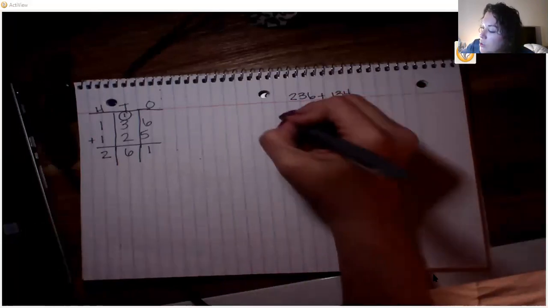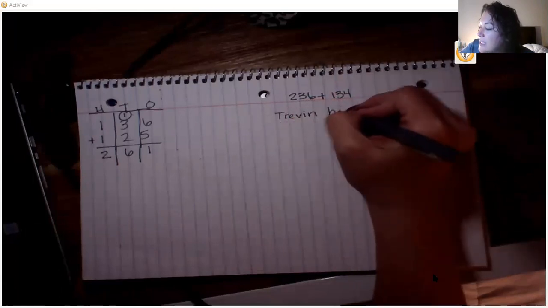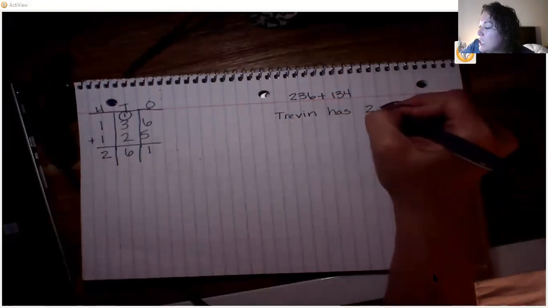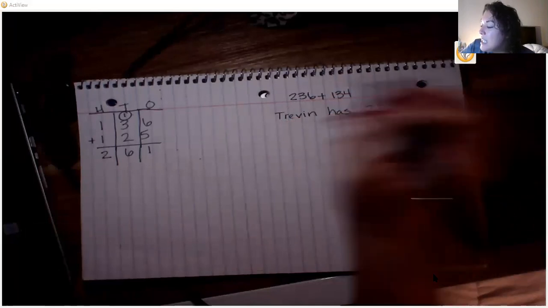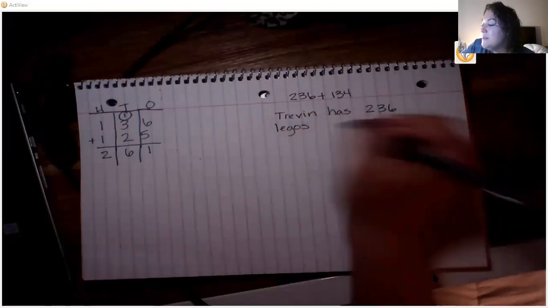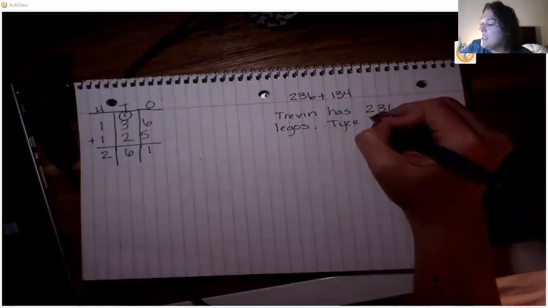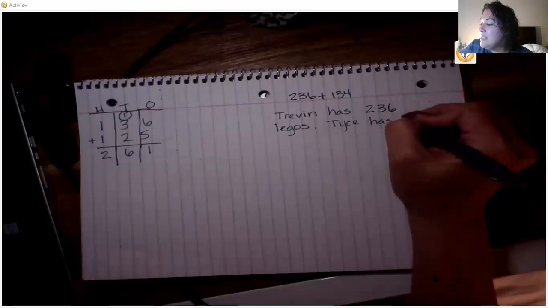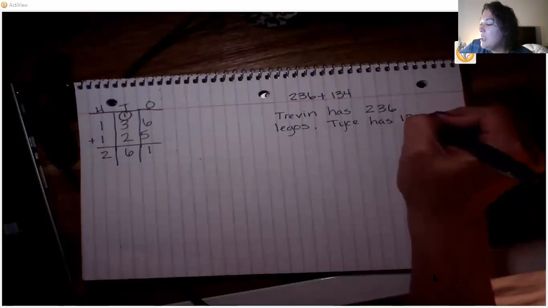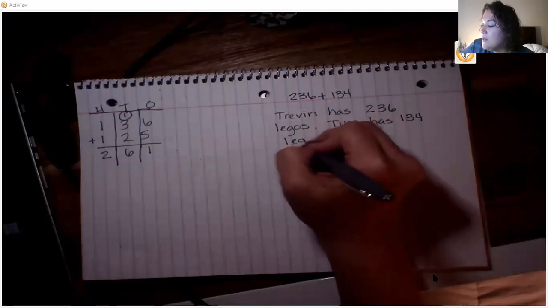So Trevin has 236 Legos. Tice has 134 Legos.